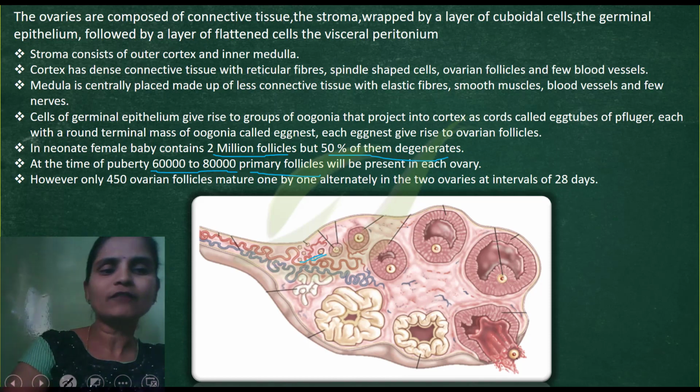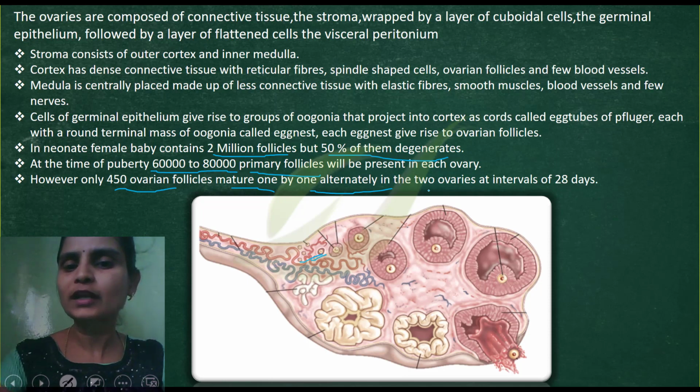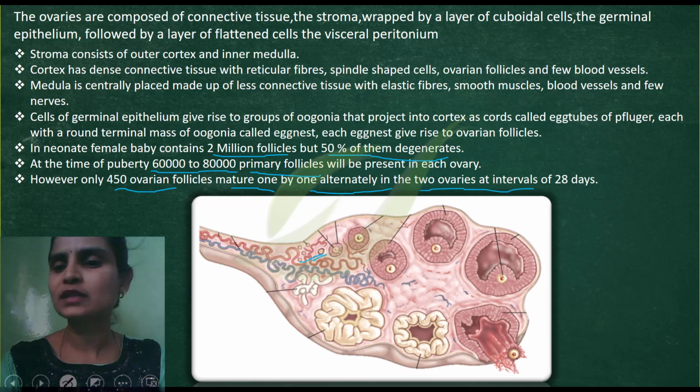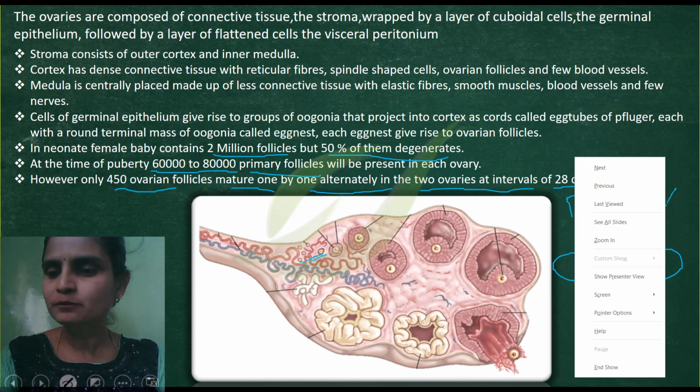However, we can find that 450 ovarian follicles mature one by one alternately in the 2 ovaries at intervals of 28 days. As we know, there are 2 ovaries present. The ovaries are considered primary sex organs because they release ova. Imagine this is the right ovary and this is the left ovary.